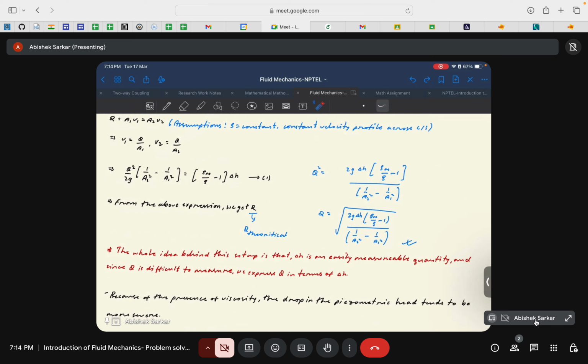The main principle behind using a venturimeter is that you can find out the volume flow rate by looking at a term that you can easily find out, for example delta H, which can be easily found using a manometer. But finding Q, the volume flow through a pipe, is actually a time consuming task.